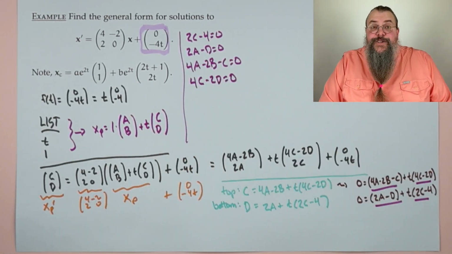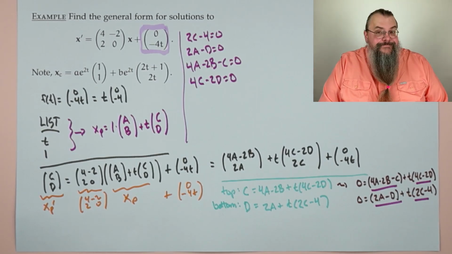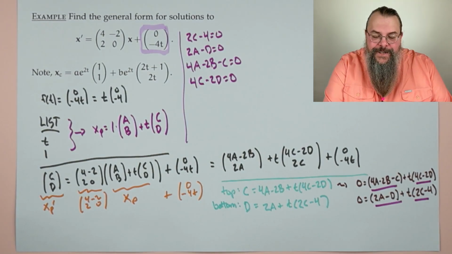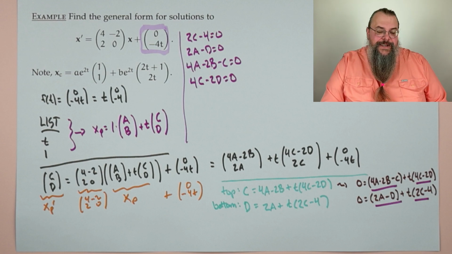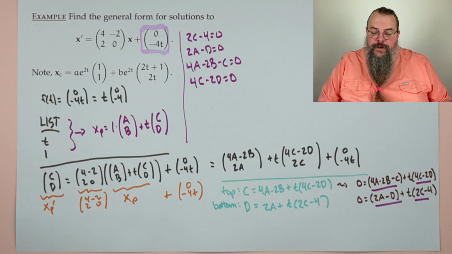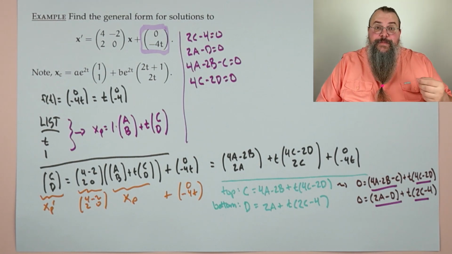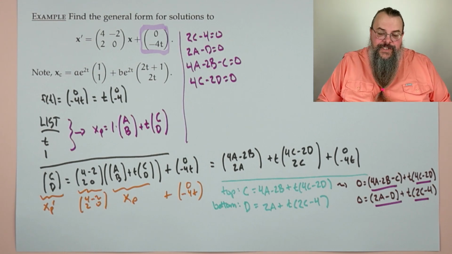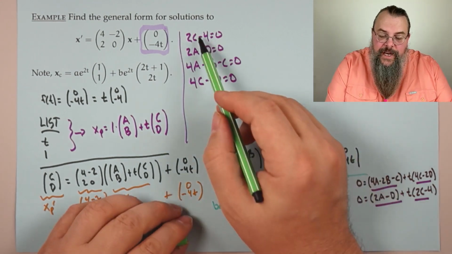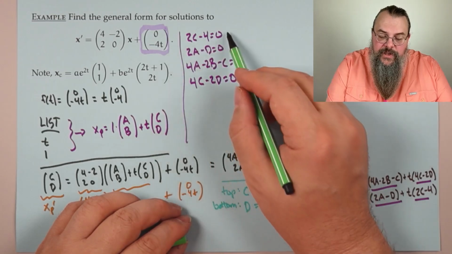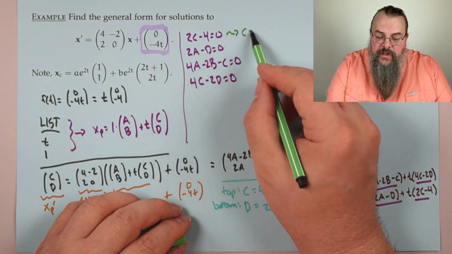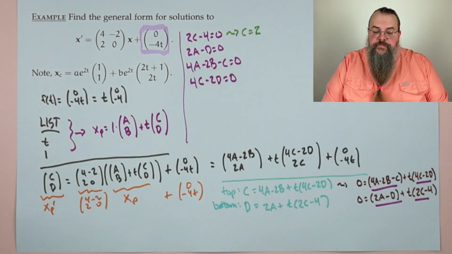Can we make progress in any of these equations? I see one. 2c minus 4 equals 0. If 2c minus 4 equals 0, what does that tell us about c? It tells us c is 2. We could add 4 and divide by 2. So c is 2. Cool. Well, now we know c.